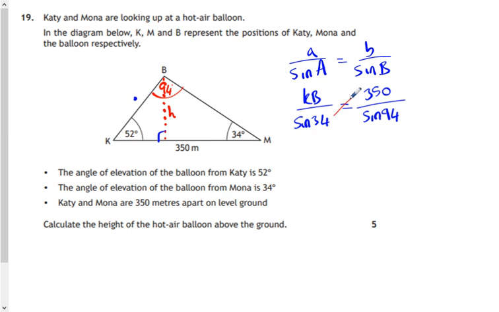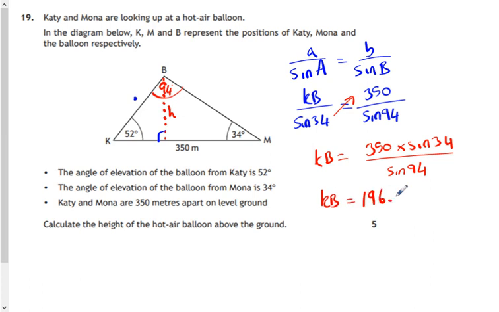Multiply that across to get KB on its own. So KB is going to be 350 times sine 34, all divided by sine 94. So into our calculators again, 350 times sine of 34, divide that by sine of 94, gives us KB to be 196.195... I'm going to leave that number unrounded.